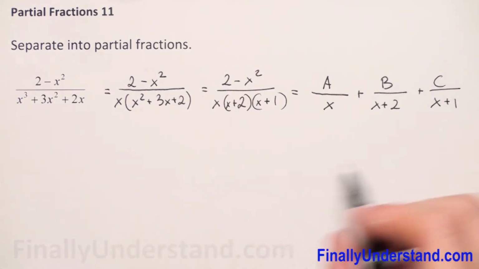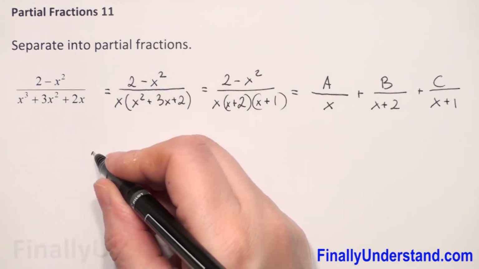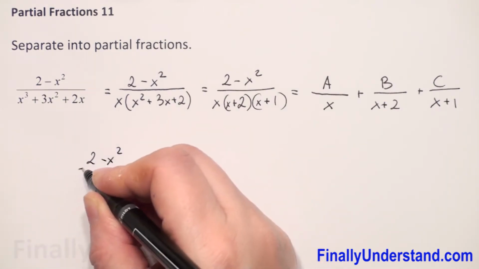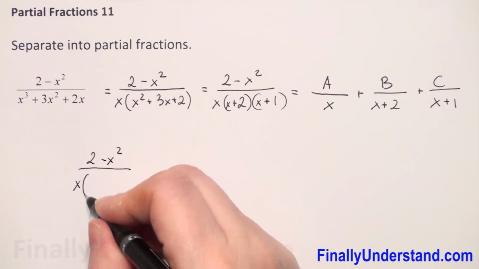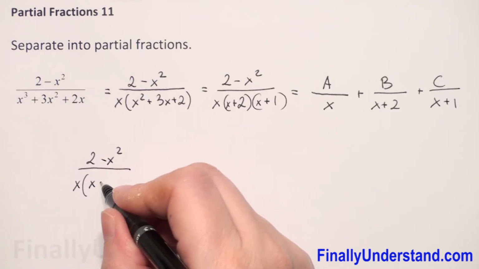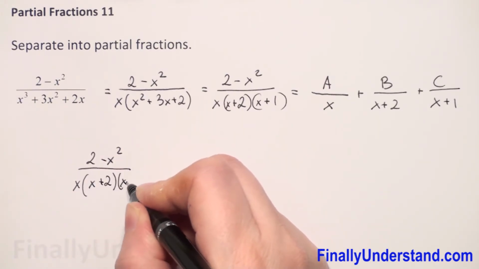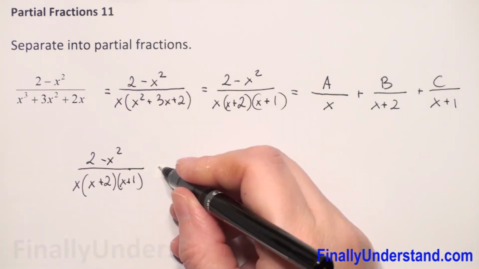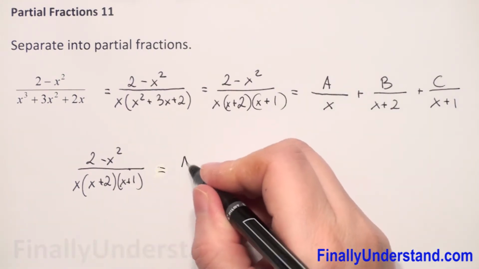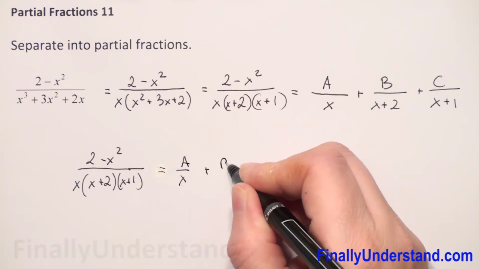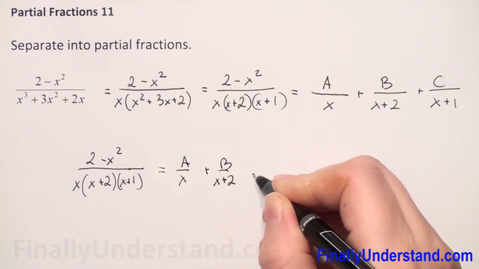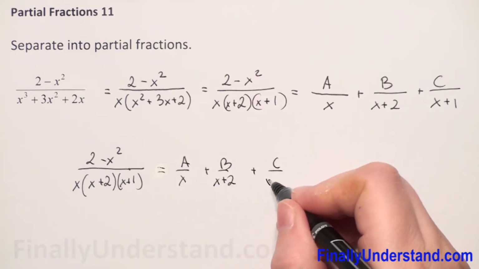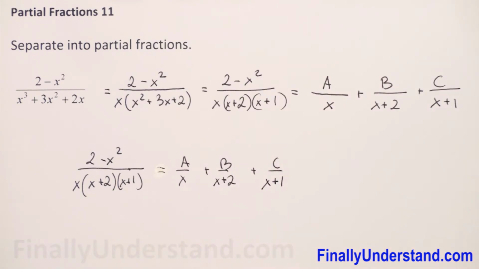So let me rewrite our problem one more time. We have 2 minus x squared over x times x plus 2 times x plus 1. This is equal to A over x plus B over x plus 2 plus C over x plus 1. So first, to find A, B, and C, we need to get rid of our denominators.